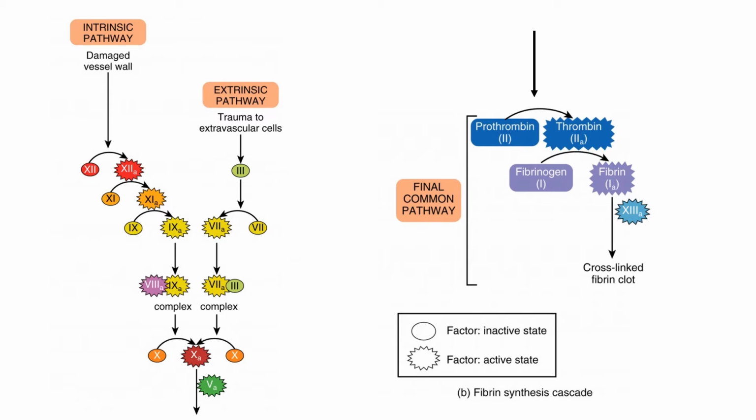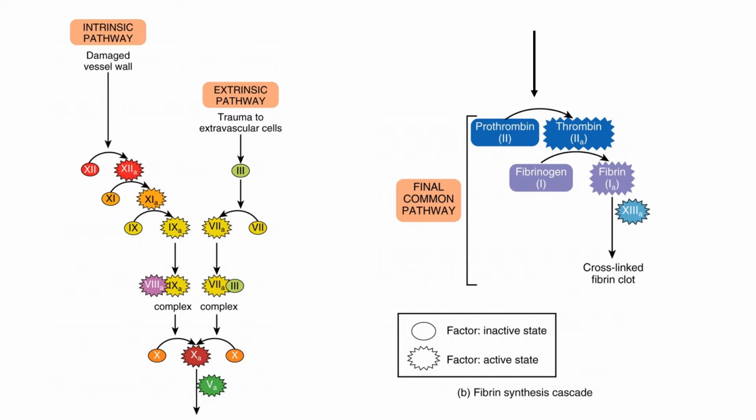So there are actually two ways on how your blood clots can be formed. So first, you have your intrinsic pathway, wherein you have your damaged vessel wall. So there you will see that the clotting factors, okay, like 12, it will be synthesized to 12A, and then 11 will be synthesized by 12A to be 11A. Okay, so those are the complexes.